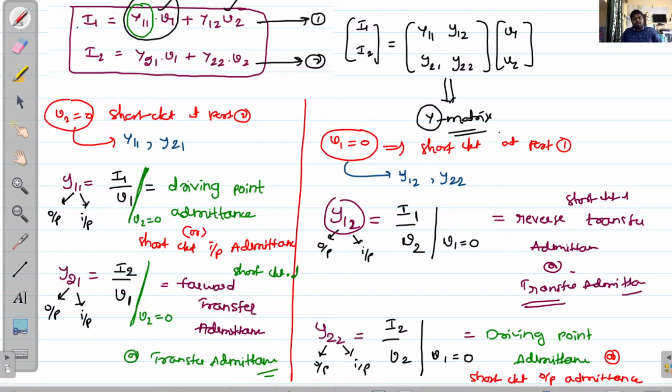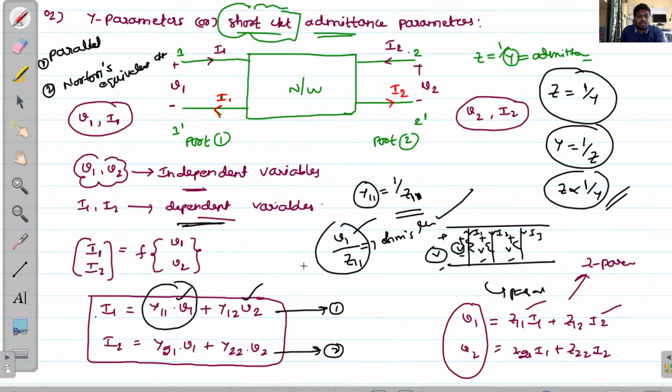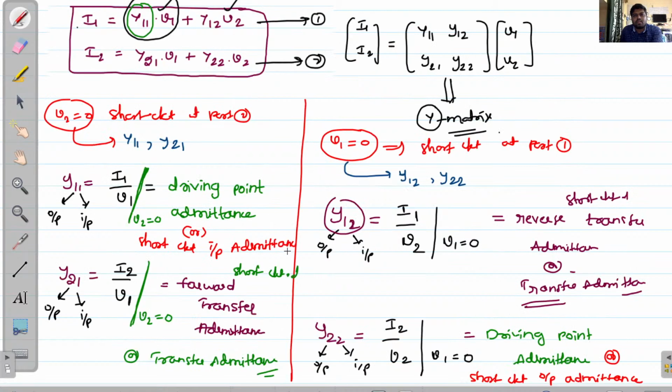Okay, this is about y parameters for a given standard 2-port network model. Now we have to verify the symmetry and reciprocity conditions for these y parameters. The first one is the symmetry condition for y parameters.